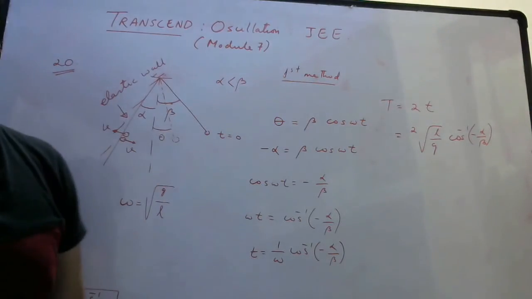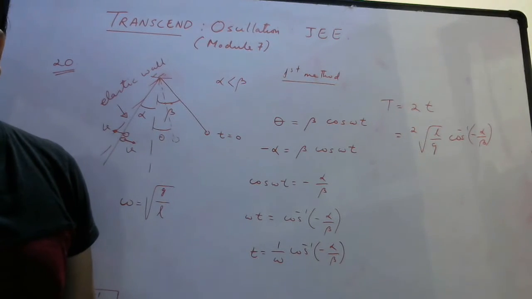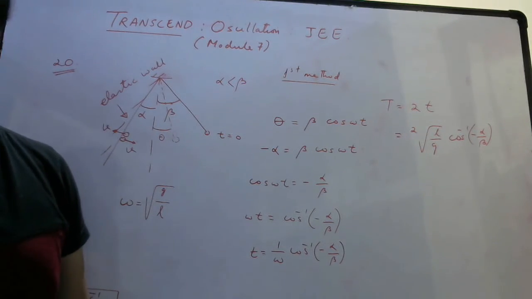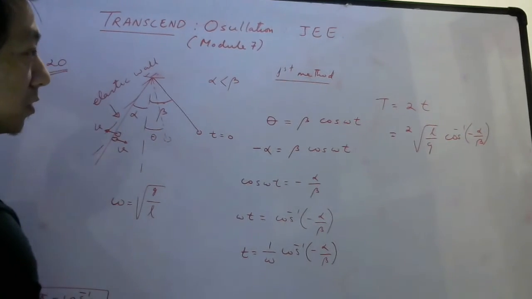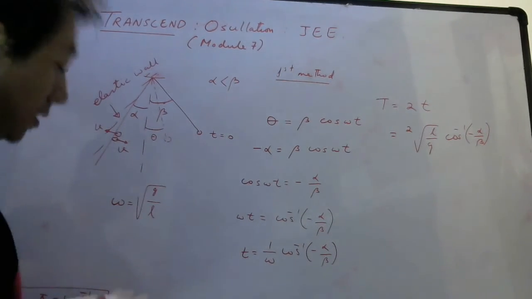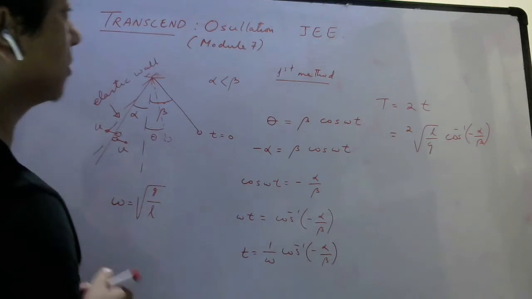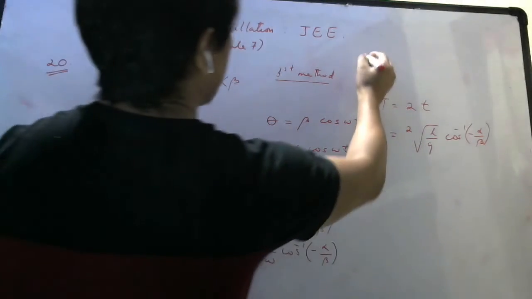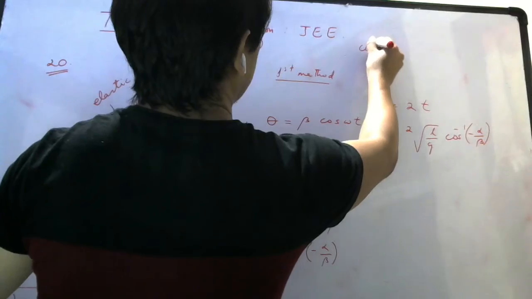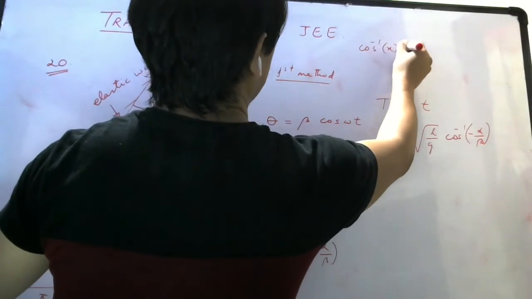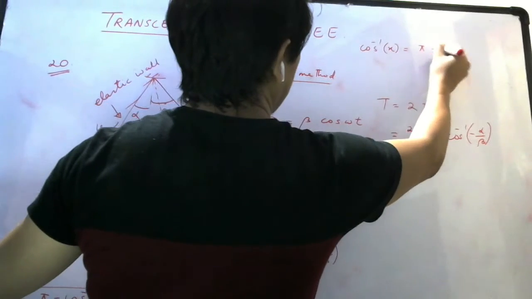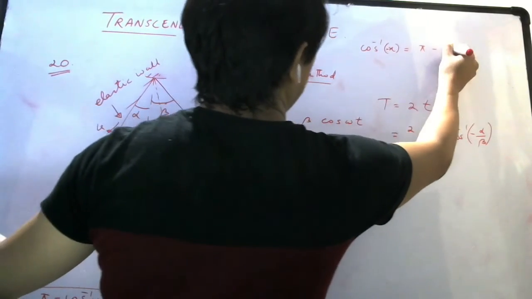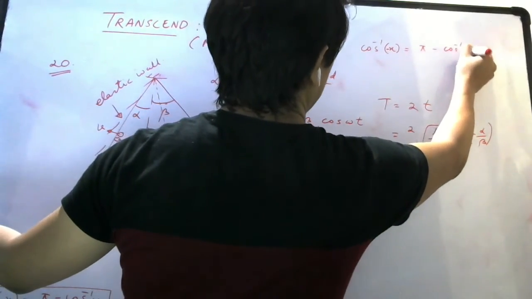But we have to check whether this is there in the options or not, right? I don't see any option which matches with this. So here you need to know one trigonometric identity which you will study in inverse trigonometric functions. Cos inverse of minus x is equal to pi minus cos inverse of x.